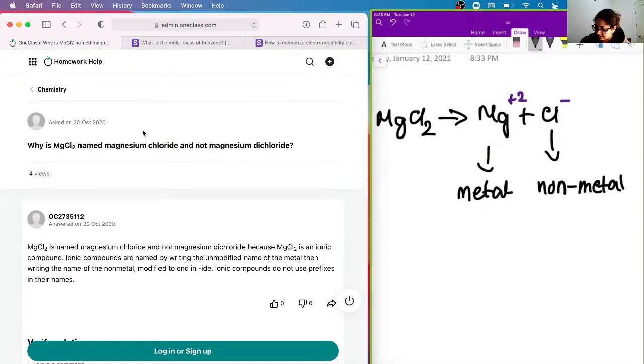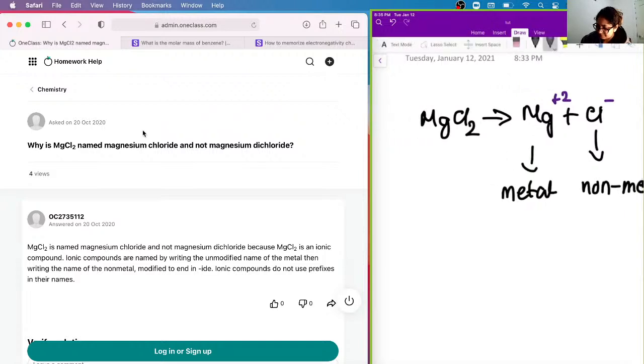And so we can say that the bond in magnesium chloride is an ionic bond. And we know ionic bonds are comprised of a metal and a nonmetal.